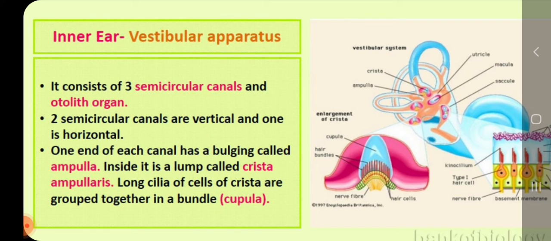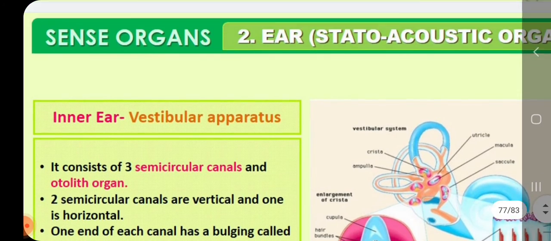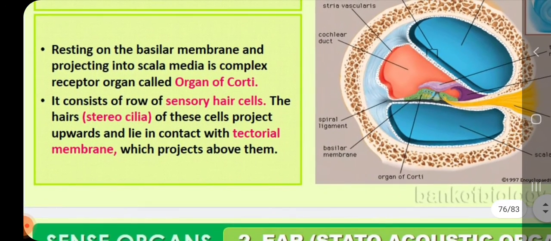Then this organ of Corti, which consists of the hair cells, which act as the auditory receptors. So there is also the presence of stereocilia, which are projected from the hair cells.